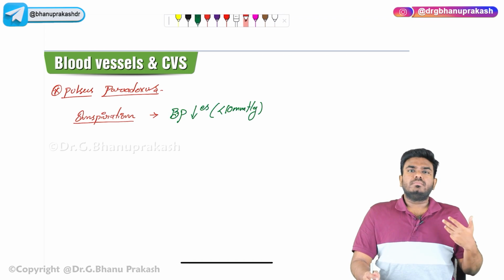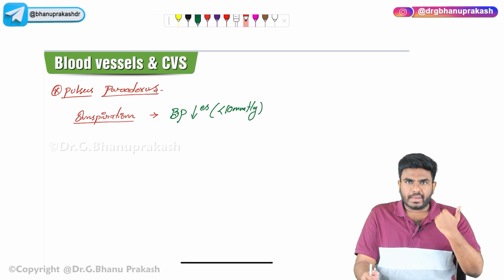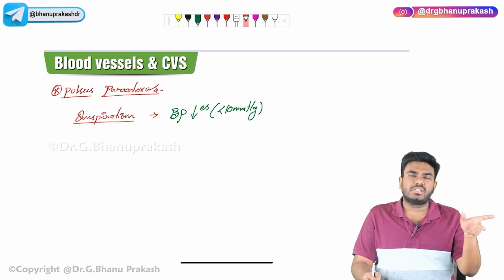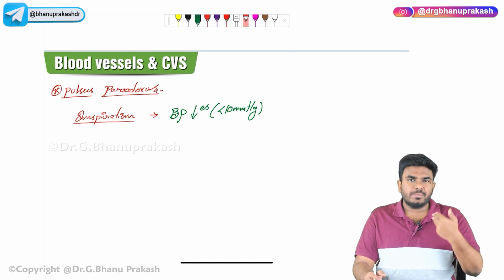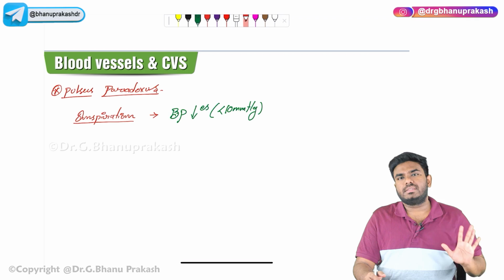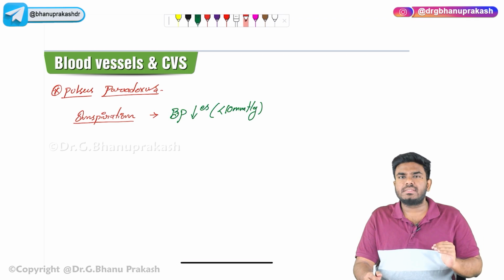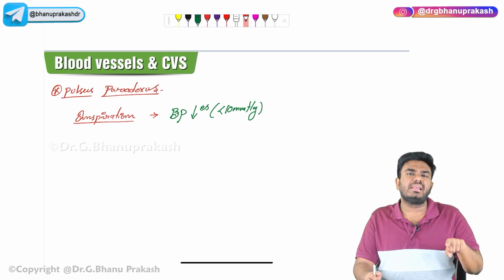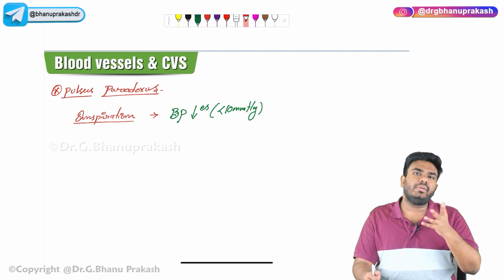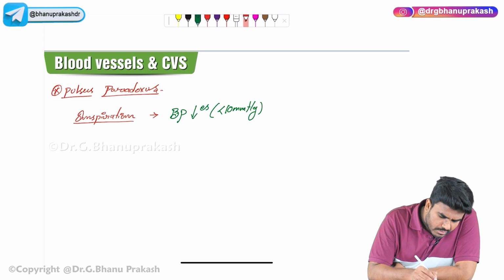Say right now I am inspiring, and this will be done in the physiology modules. Whenever we do inspiration, BP usually decreases. How much decrease? The decrease in the pressure will be less than 10 mmHg when compared to expiration, and this is something normal.